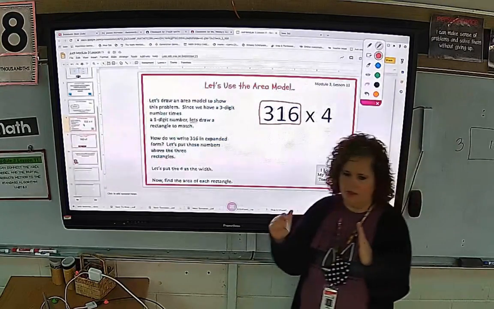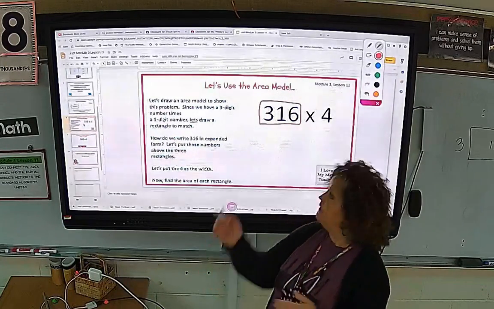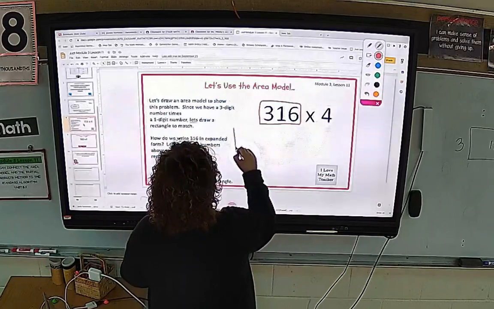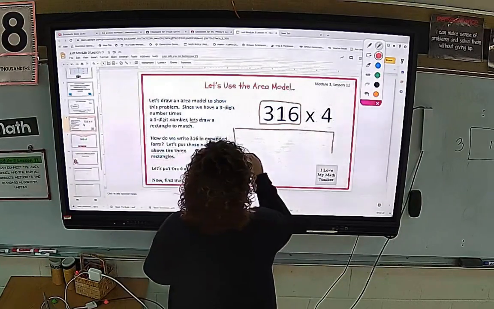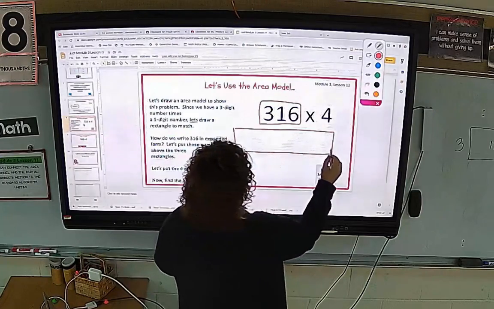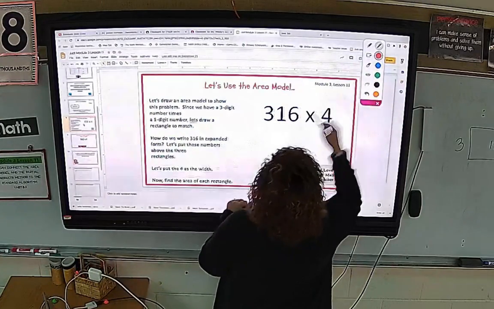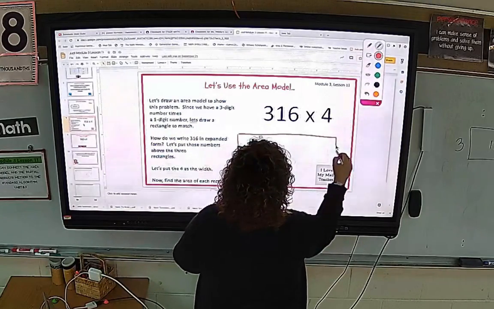So our rectangle will have how many sections in it? 3. Okay. So we're going to draw a rectangle. Kind of long. It almost looks like we're about to draw a tape diagram. Okay, I'm going to redraw my rectangle.